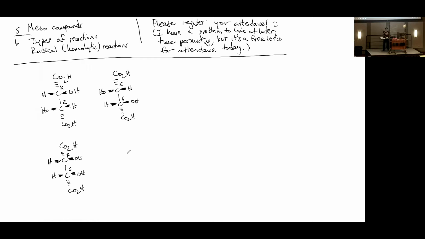Those are of the type AX plus B goes to A plus BX. So you've got something hopping off of one piece and hopping onto the other. And those are things like MgO plus Cl2 yields MgCl2 plus 1/2 O2. That's an example of that type. But again, they're largely inorganic like that.